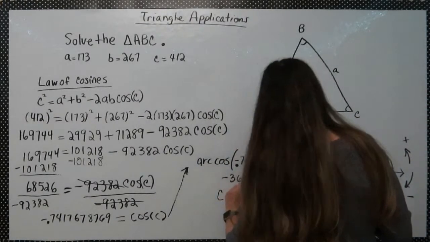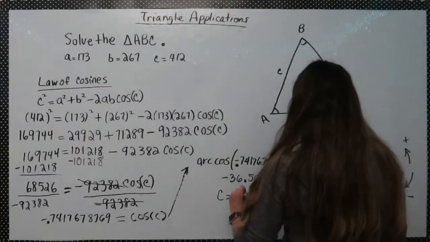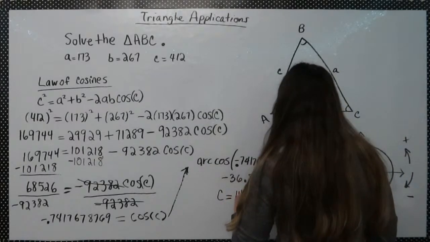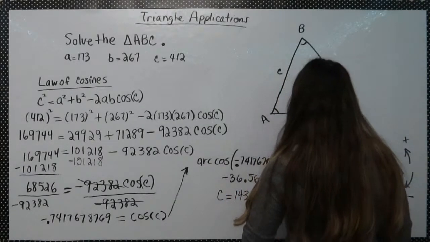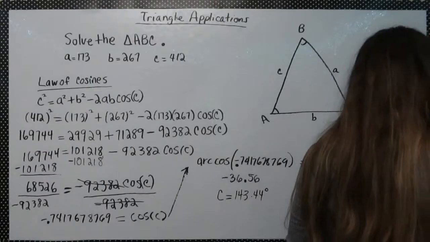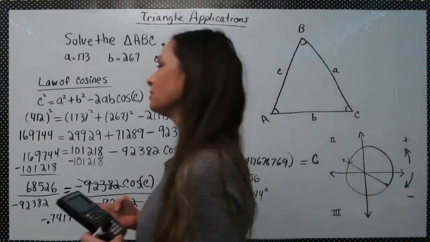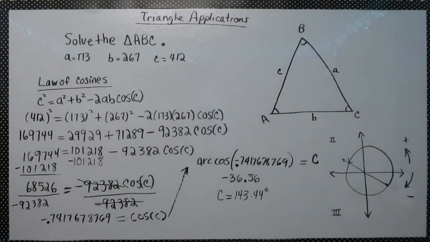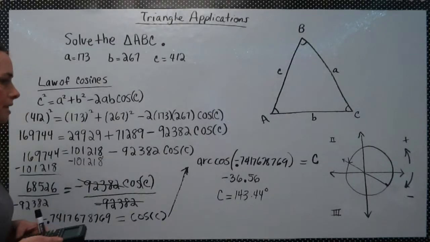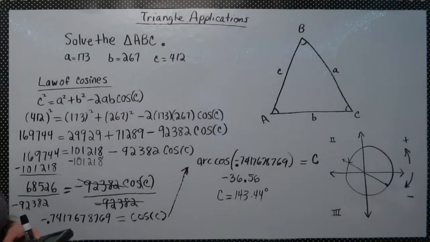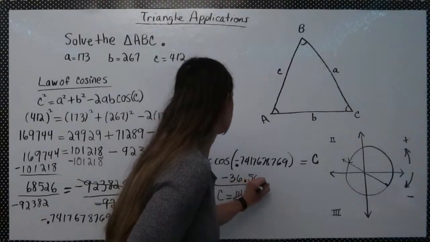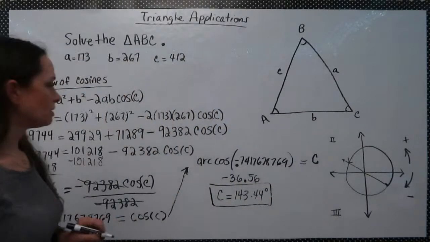So it's saying that C is approximately 143.44 degrees. I really think possibly I have a mistake in here somewhere, but I can't really see it right now. This is the method, so hopefully there's not a mistake.